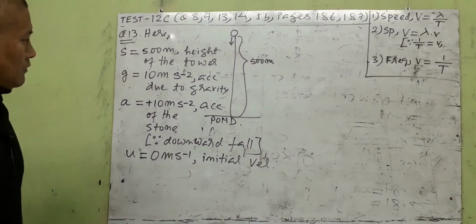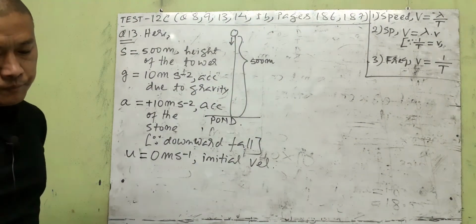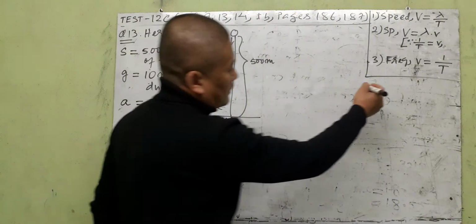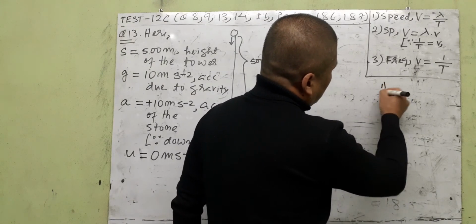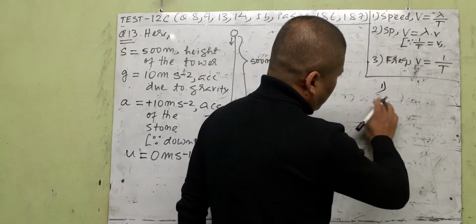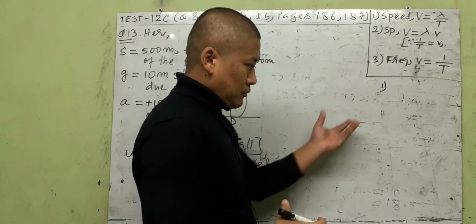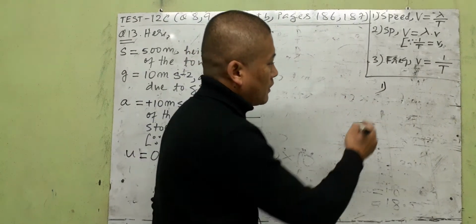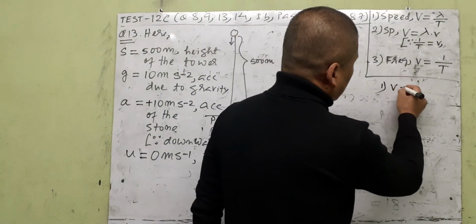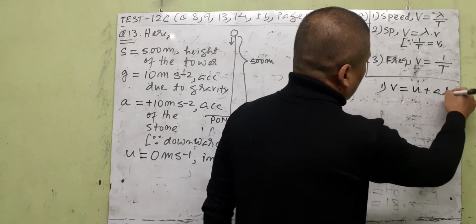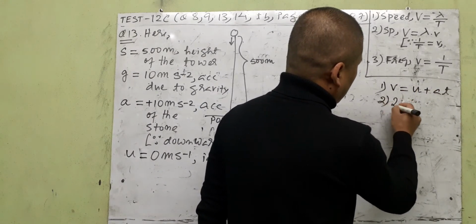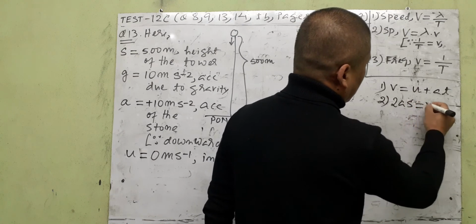So u is 0 because it's an object that is dropped downwards. Now we'll do well to remember the three famous motion equations, that is for uniformly accelerated motion. Of course, the object has to be in uniform acceleration. So v is equal to u plus at. The first formula, very well versed by now, I think.